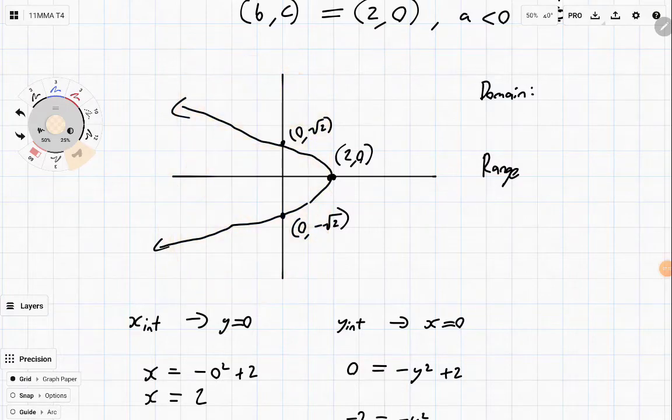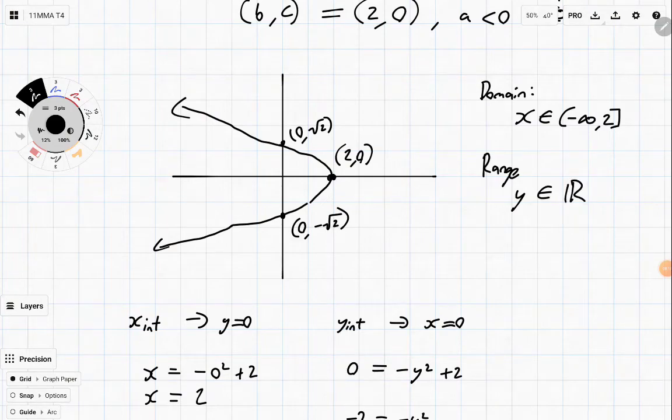So that is going to be x is in negative infinity is perfectly fine, up to 2. Can't go past 2. And for the range, well, there's actually nothing stopping us from going to both positive and negative infinity. So y is in double R. In fact, for the range for all of these should be double R. Now see, we've got our complete graph of a reflected parabola.